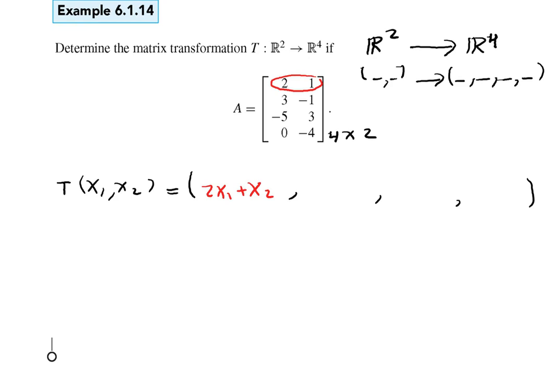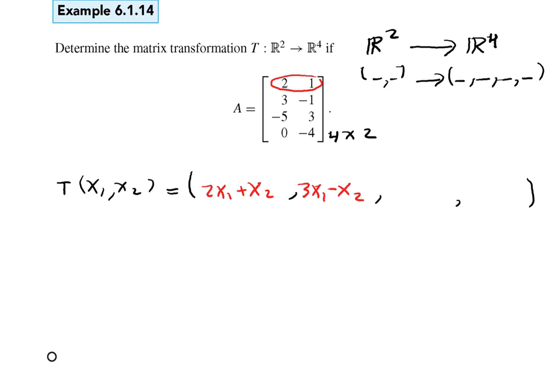Alright, that's 3x1 minus x2. I know it's something new, but if you see it and you practice, it's not hard at all. It's just like another language or another way to read things and write things.